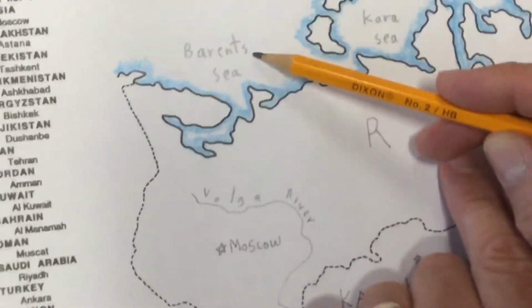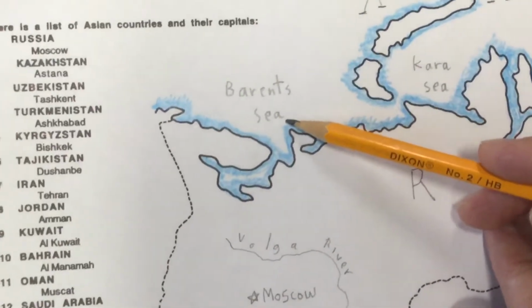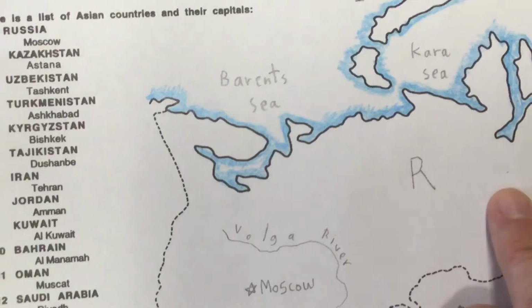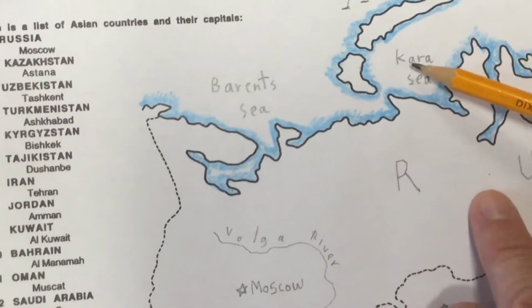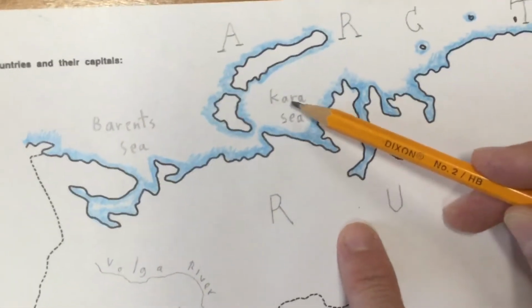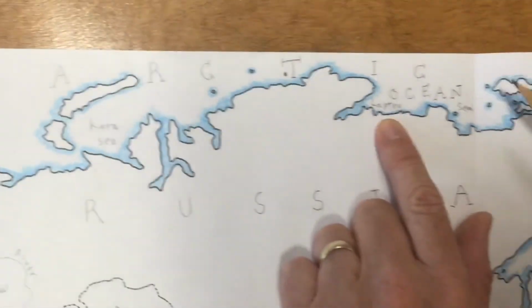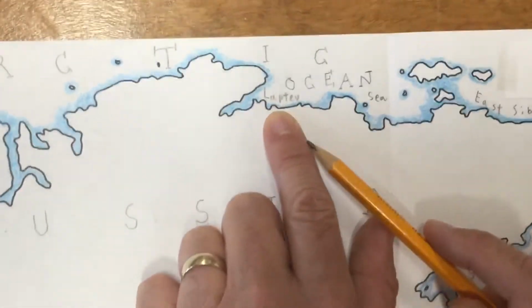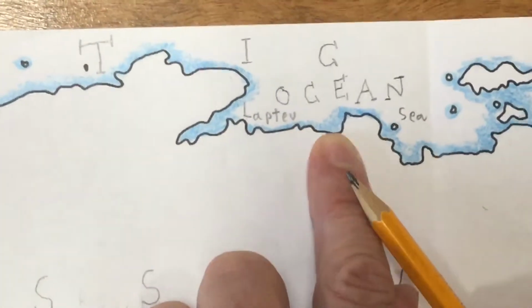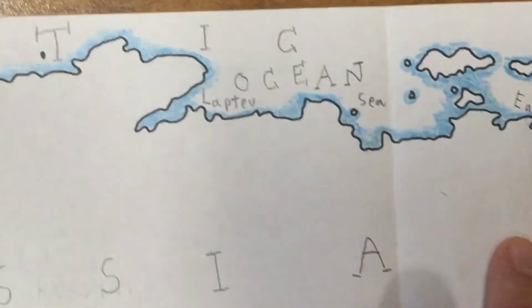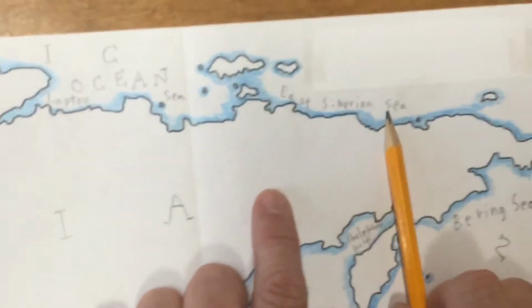This is the Barents Sea. These are not listed in your list of activities, but I think it'd be nice to put on the map anyway. The Kara Sea, K-A-R-A. The Laptev Sea, L-A-P-T-E-V. And then over here you got the East Siberian Sea.